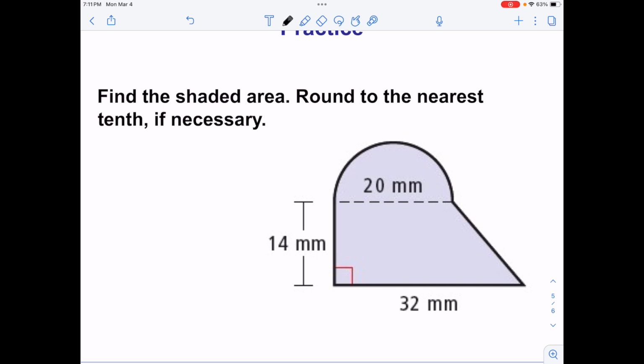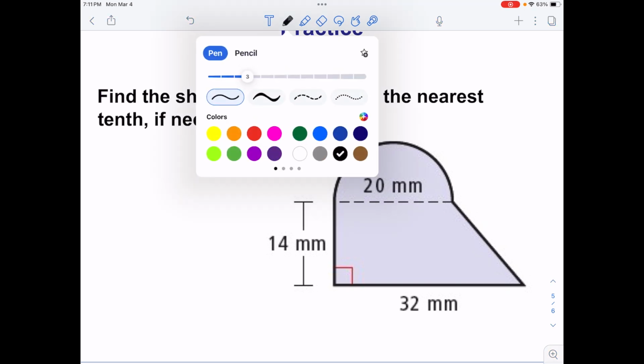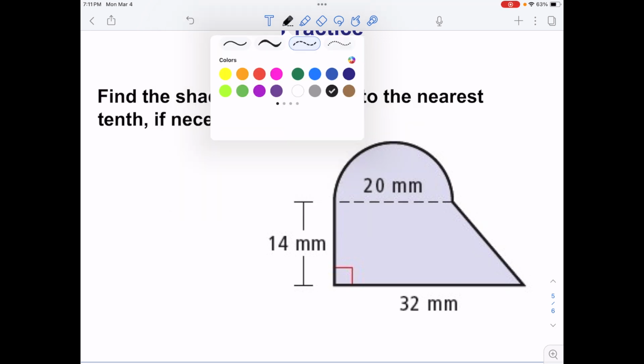Find the shaded area of this shape right over here. And this time, this is going to be interesting because it looks like they did the part for us right over here, because I have this shape down here, this shape on top right over here. It might be easier if we actually take another split right over here and cut this down.